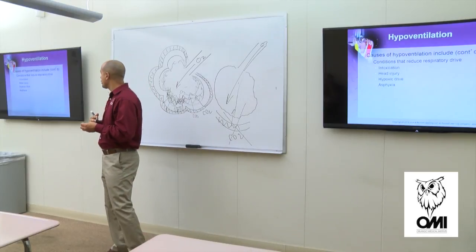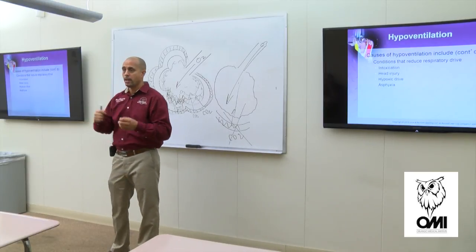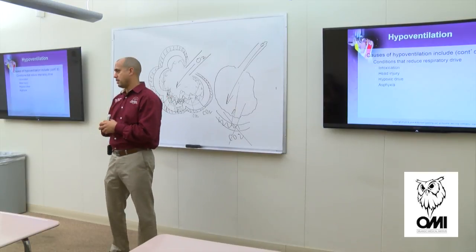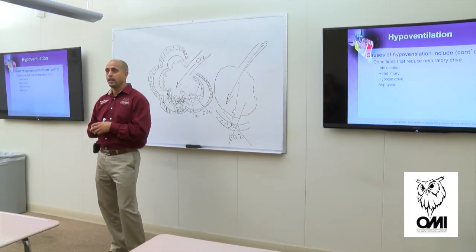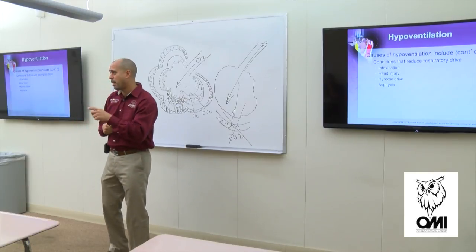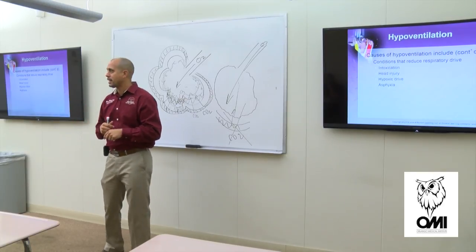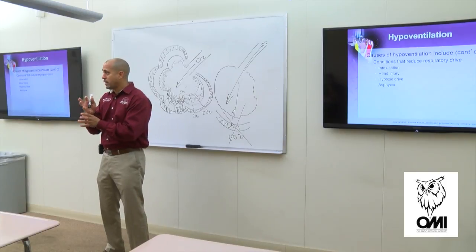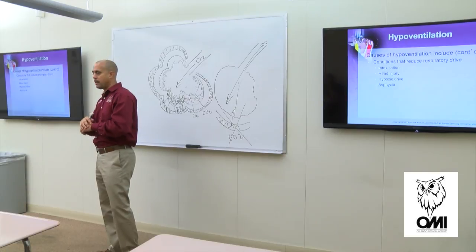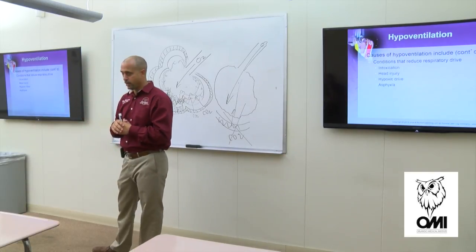All right? Toxicity, head injuries. Head injuries will suppress your respiratory drive. Knock out that medulla, hit that brainstem, and see what happens. The medulla is your primary and the pons is your secondary. But what do the pons and the medulla have in common? They're both in the brainstem. Knock out that brainstem, you knock out your drive to breathe.